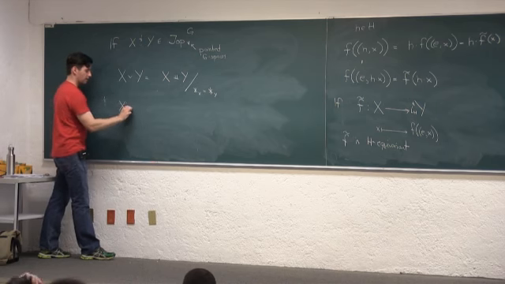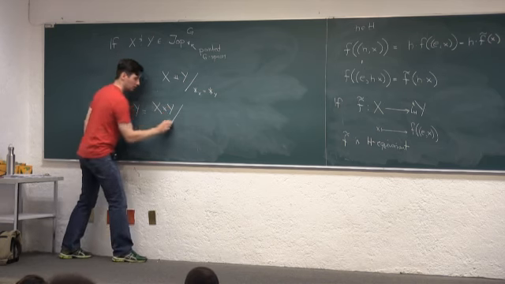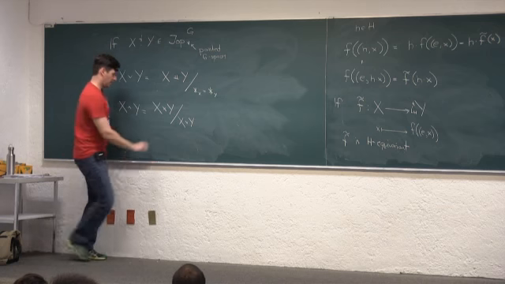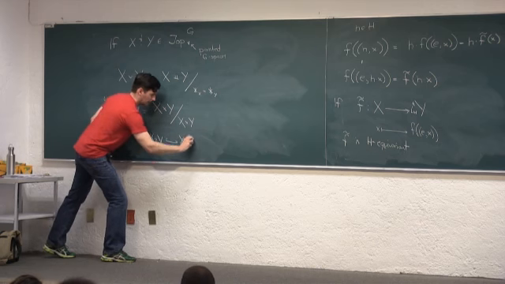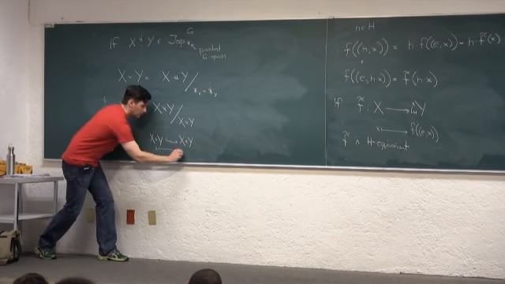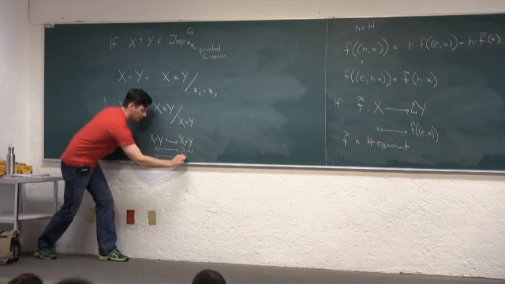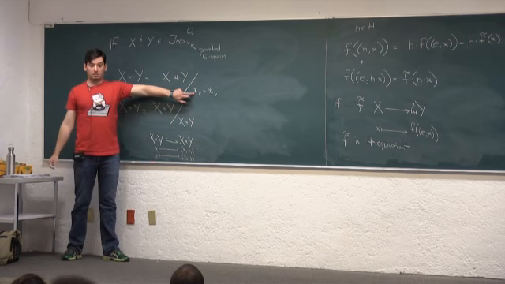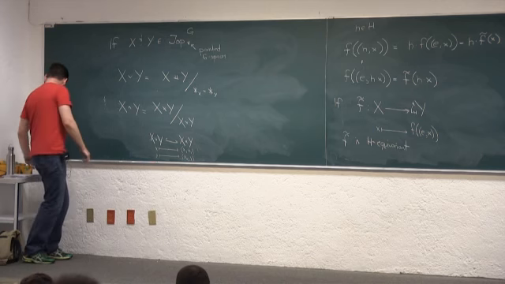And the smash product of X and Y is the Cartesian product of X and Y modulo the wedge of X and Y, where I map the wedge in by saying that a point little x goes to the pair x comma base point of y, a point little y goes to base point of x comma y, and the only possible ambiguity is at the base point, but that went to base point of x comma base point of y. So this gives me a nice map.